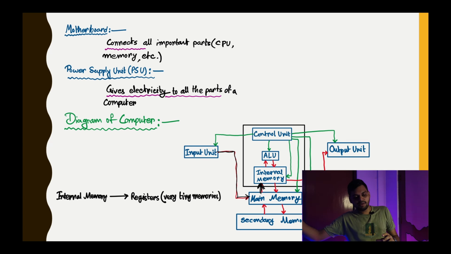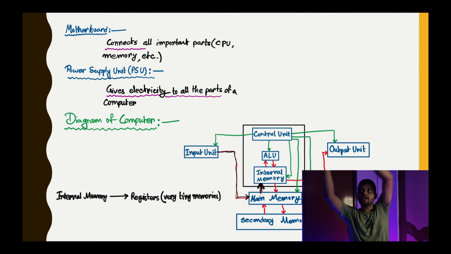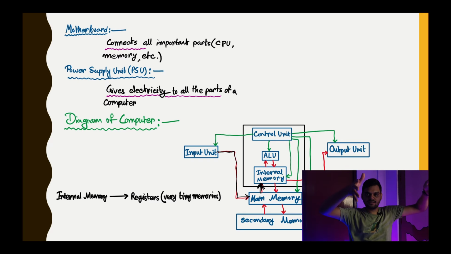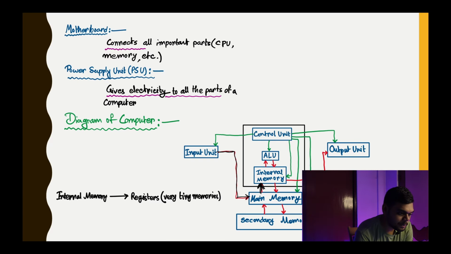After that, from the memory registers, the data is passed to the output unit, and after getting passed to the output unit, the data is displayed to us. Okay, so this is actually the main data flow.